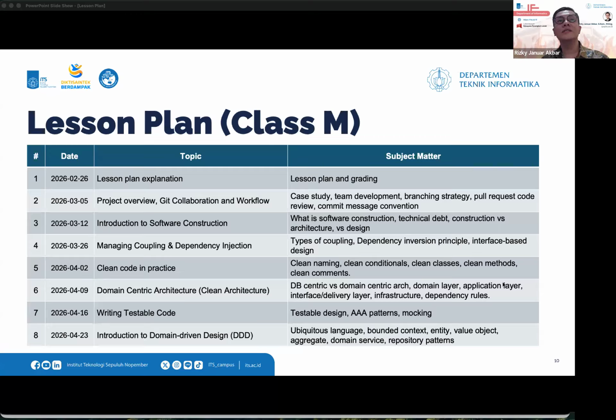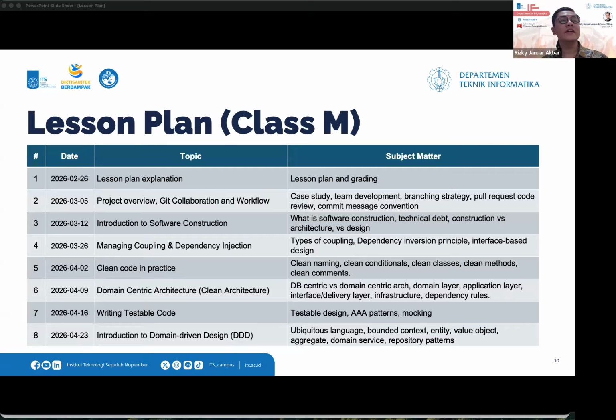We'll talk about the application layer, and then the interface, delivery, or presentation layer, and how to connect to external dependencies using the infrastructure layer. And then how the calling mechanism works, and how the dependencies are managed. We will talk about this in week 6, specifically about clean architecture or domain-centric architecture.